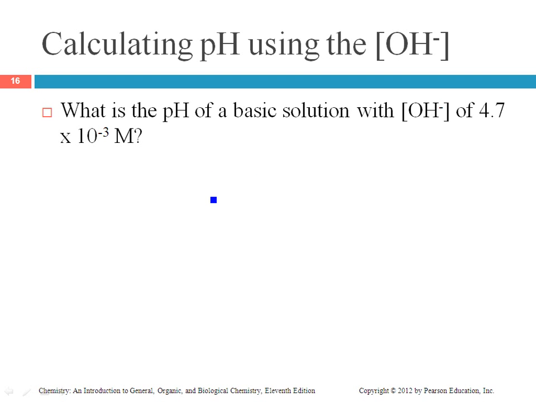We can also be asked to find the pH if we're given the hydroxide concentration. What we have to do here is remember from the previous videos our ion product constant: hydroxide concentration times the hydronium concentration.